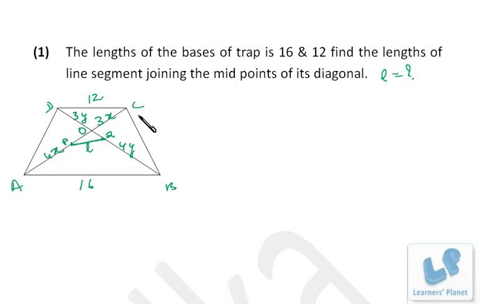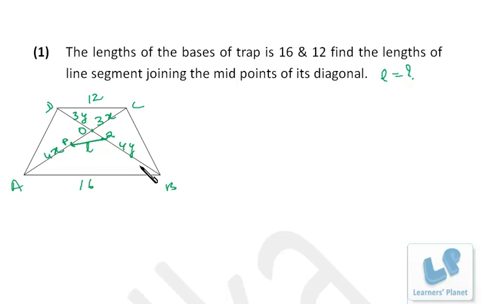So the ratio of this to this is 3 is to 4, and this to this is 3 is to 4, right? Now we have to find this length. This is the midpoint of this diagonal, and this is the midpoint of this diagonal. Okay, this is the intersection point, right?